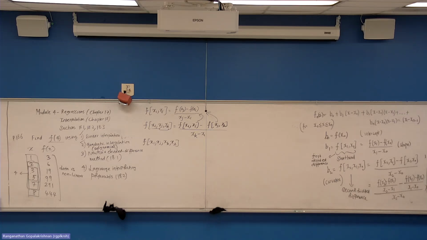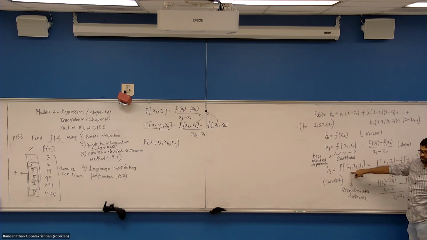You showed that snap, the stencil thingy. Imagine if the number goes all the way up to like 10, would you keep doing that for second divided difference? No, second divided difference depends only on three points at a time.